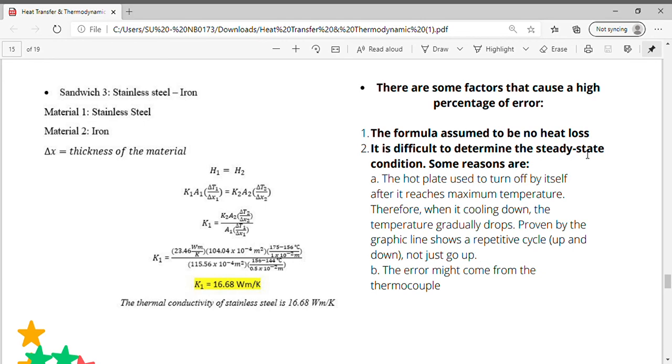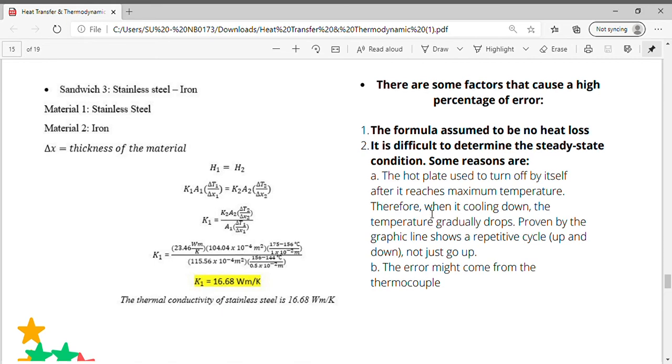Also, it is difficult to determine the steady state condition because there's a problem with the hot plate. The hot plate is not always on, but sometimes turns off by itself, as I mentioned before.